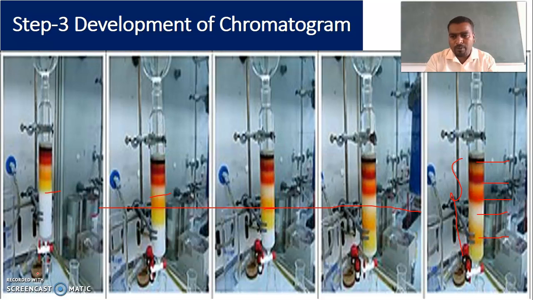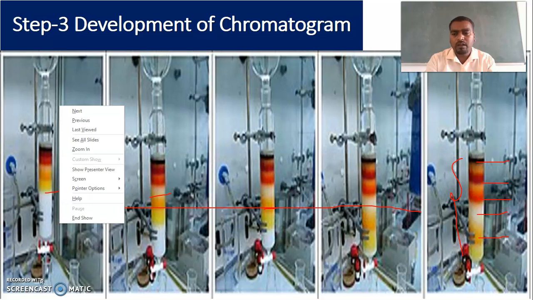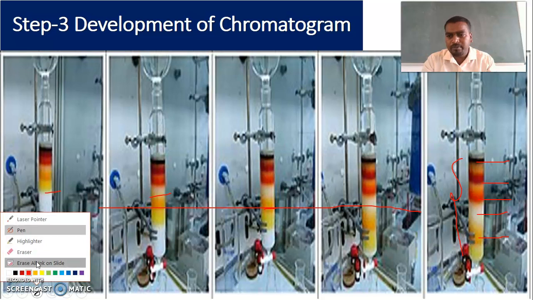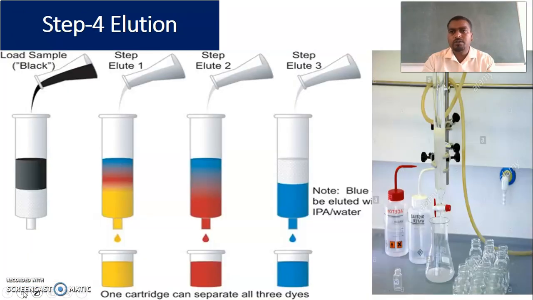Once the chromatogram is developed, step 4 is elution. You can observe the different steps in the elution here. The one which is loosely held by the stationary phase comes out first, and the one which is strongly held by the stationary phase comes at the end.